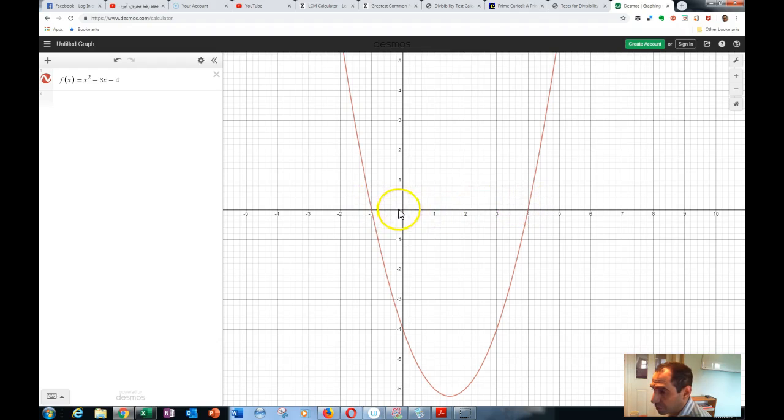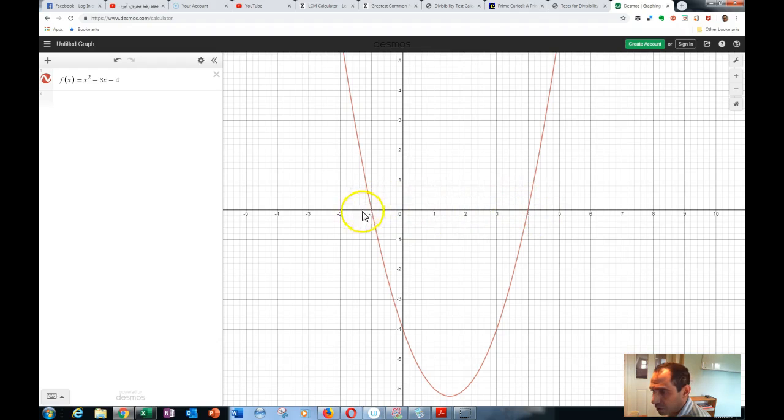If you think about these two points, this point is 4, 0, and this point is -1, 0. At -1, of course, the output of your function is 0, otherwise that would not be the x-axis. And at x is equal to 4, of course, the output is 0, because otherwise that would not be the x-axis.